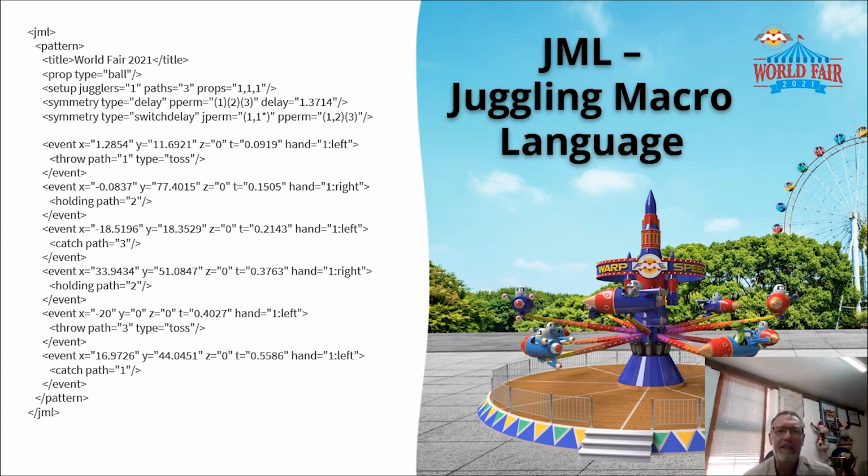In this XML, we've got the type of thing that's going to be juggled. So we're juggling a ball, but it could be something else. We're defining what sort of path it's doing, how many hands we're using, what position it starts, and all those sorts of things.